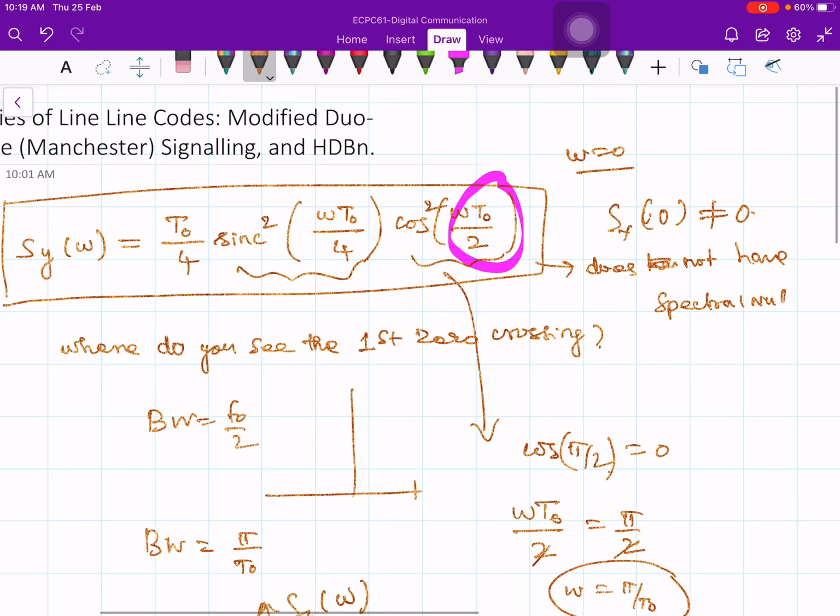What is the point of this? Because when you have a non-zero component at omega equal to 0, then you are wasting power. So when you design a code, you make sure that the spectral component doesn't have any power at DC, that means omega equal to 0.